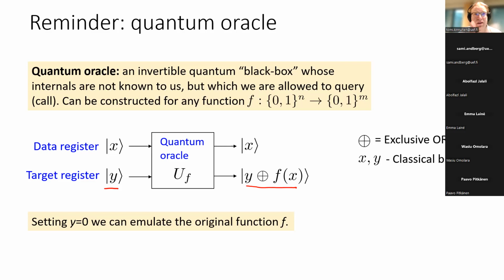You only know that it does what it's supposed to do. In that sense you can trust your library function or your API call that whenever you call it, it returns whatever you wanted, but you don't know how it's implemented. So if the quantum oracle sounds strange, just think about a library function call where you haven't implemented the function. As simple as that.